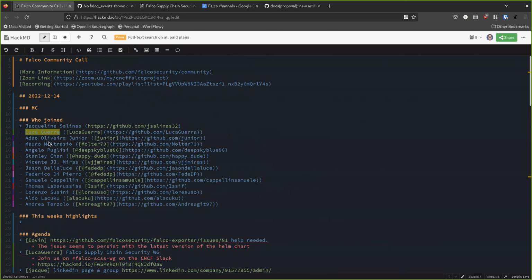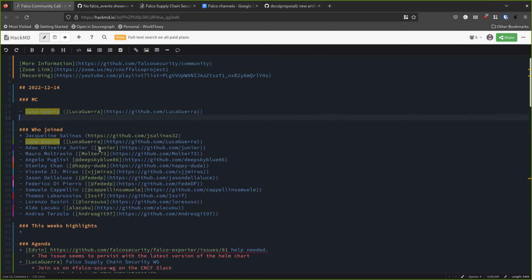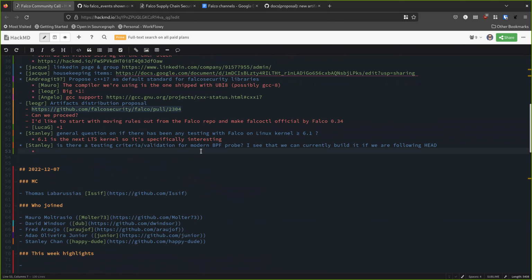This is a good point. The modern probe will be shipped officially in the Falco 0.34 release, but it will be shipped as an experimental feature because we currently don't support all the syscalls that we have in the old drivers. We have just 80 syscalls, the simple set, let's call it. I don't remember exactly the number, but I think almost 160 syscalls in total.